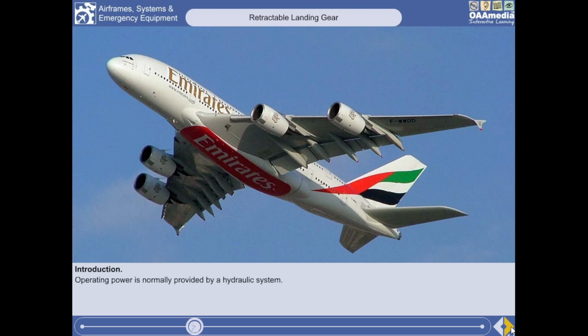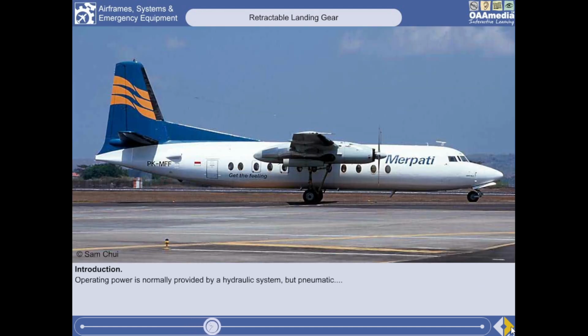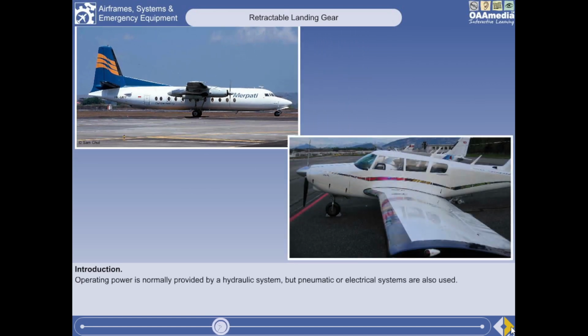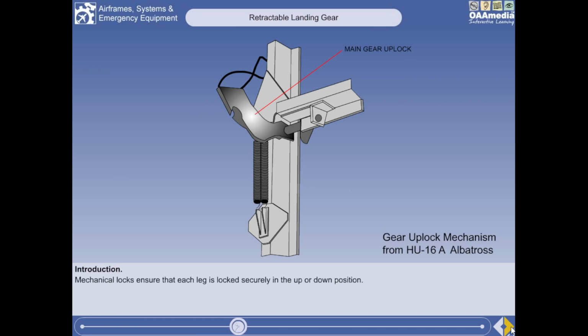Operating power is normally provided by a hydraulic system, but pneumatic or, on some small aeroplanes, electrical systems are sometimes used. A retractable landing gear is provided with mechanical locks to ensure that each leg is locked securely in the up or down position.